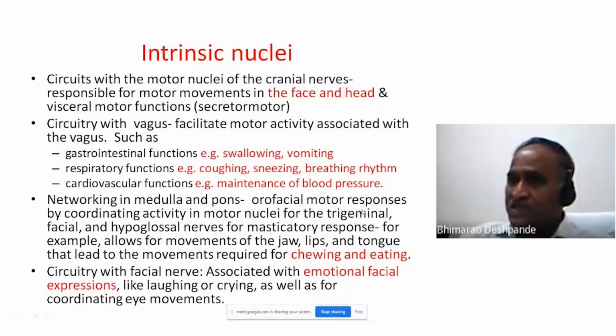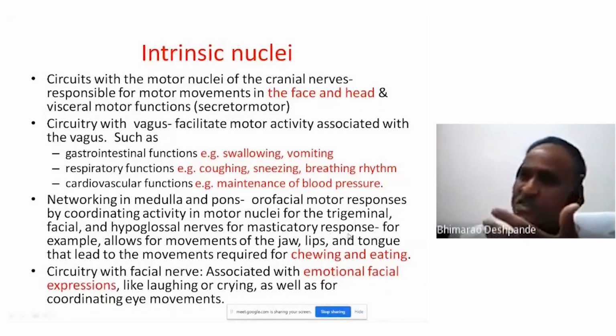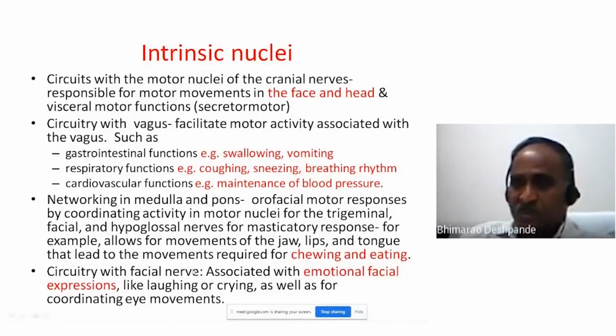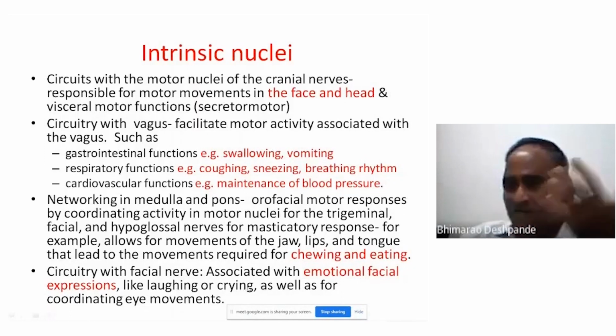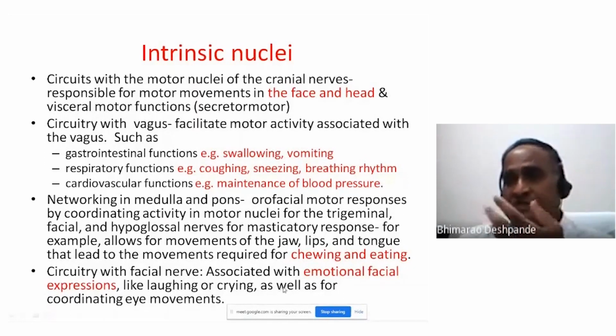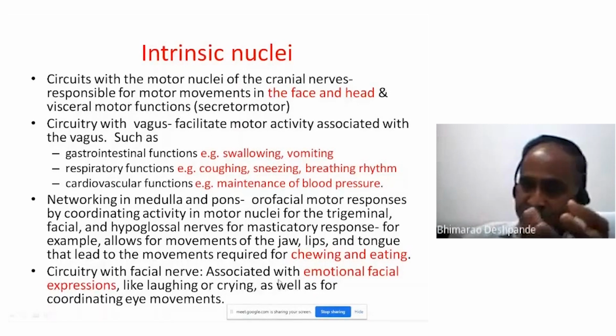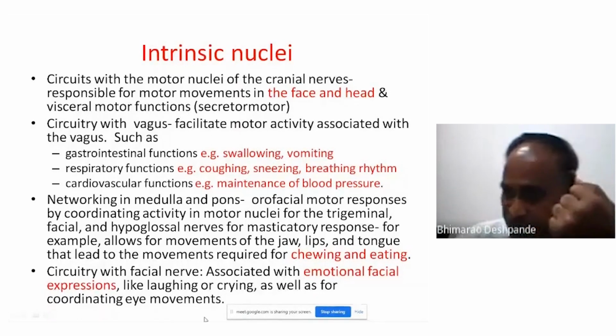The trigeminal, facial, and hypoglossal nerves produce the masticatory response for chewing and eating. The facial nerve is for emotional facial expressions like laughing, crying, or whatever expressions we make by the face. Okay, these are the intrinsic nuclei.